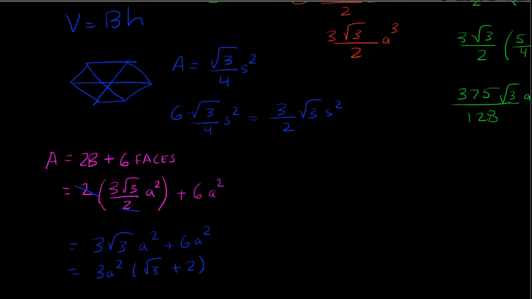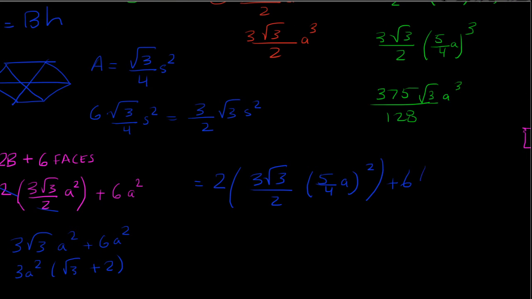For the bigger one, we're going to replace A with 5/4 A. So I'm just going to look at the same formula on the left here. So we're going to replace it with 5/4 A. And the 2's are going to cancel.